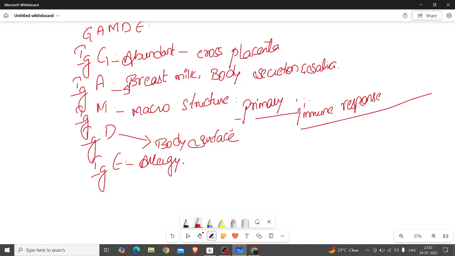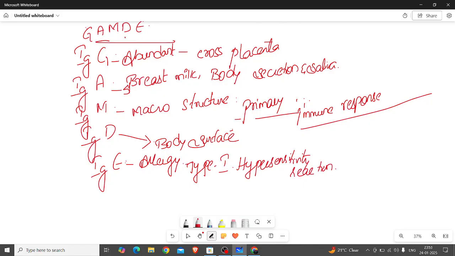So IgE acts as an immediate immune response. We call it a hypersensitivity reaction, and especially IgE plays a major role in type 1 hypersensitivity reaction. These are all about the immunoglobulins.